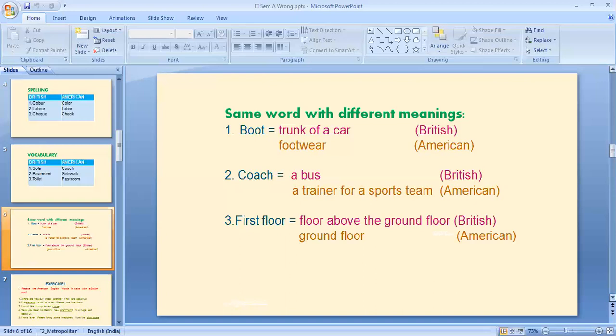Both are acceptable in our context. So these are some areas that we have completed in our previous presentation. Apart from this, we saw a list of words, two different words that refer to the same thing, but that are used separately in British and American English.